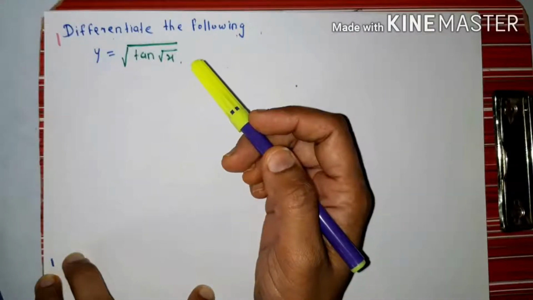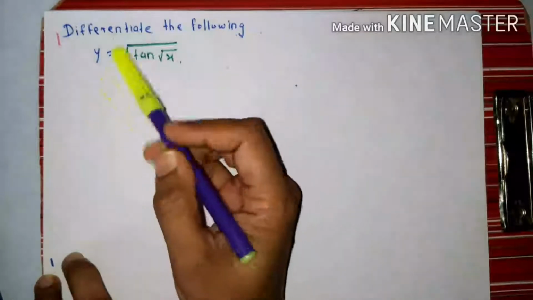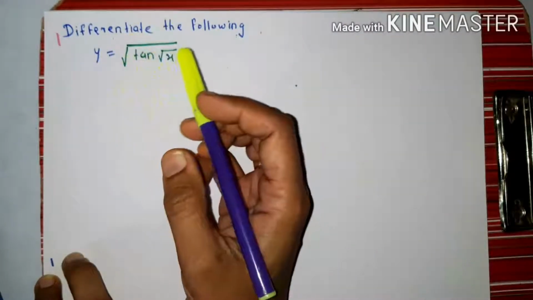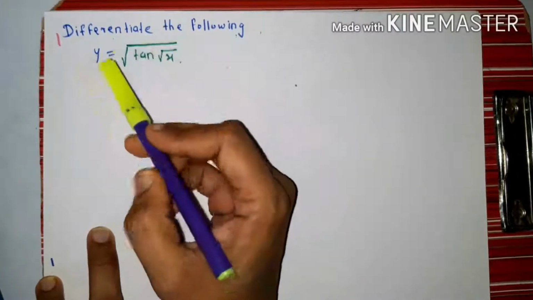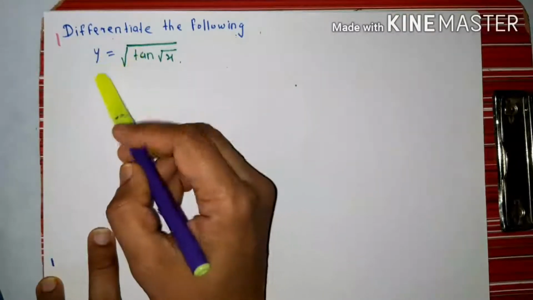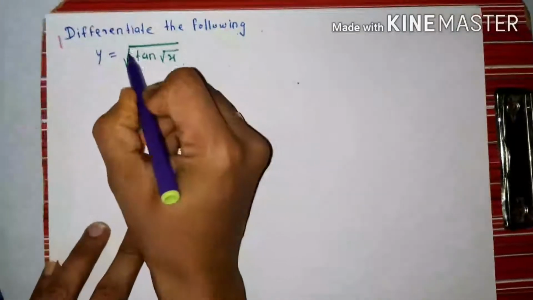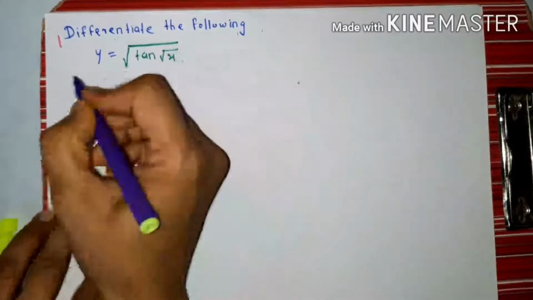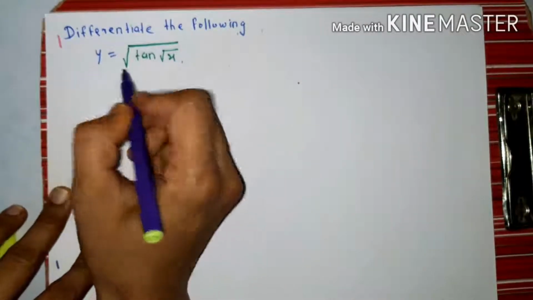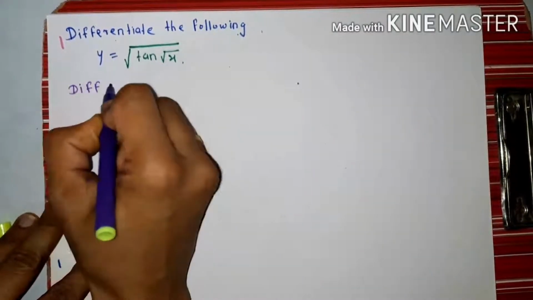Let us solve some more examples. Okay? So there are a number of problems given and we will solve some of them. Okay? Let's take an example. y equals root of tan of root of x. Okay? So now differentiate this y with respect to x.